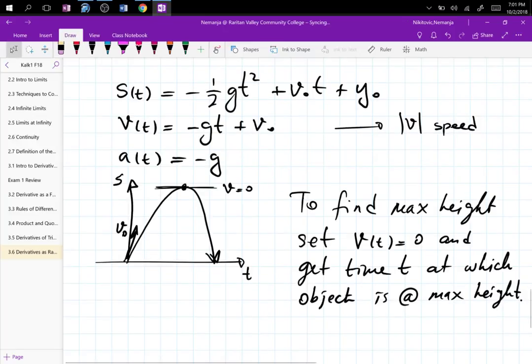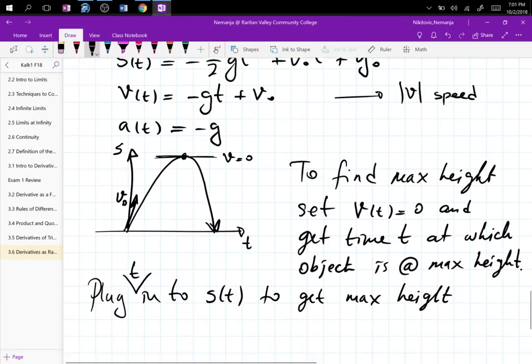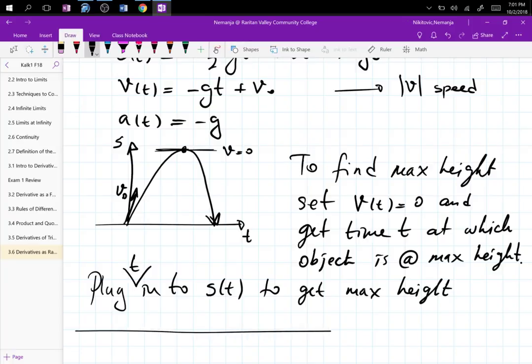So once you have the time at which the object is at max height, you can plug that into s of t to get the max height. Plug what? Plug the t that you got into this. All right, so now you're ready to take a look at the example. There are more formulas for range and angles and things like that. If you're interested, you should look into that.